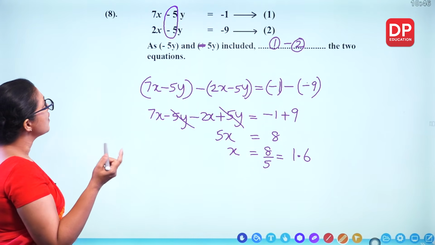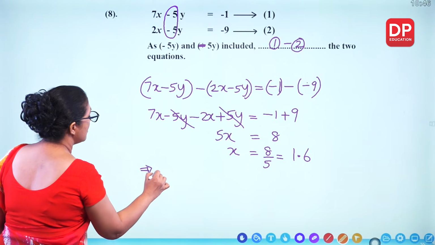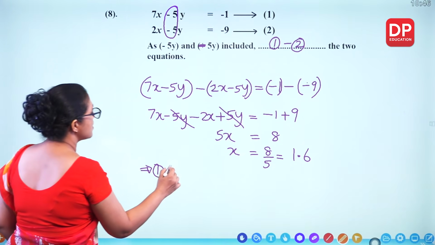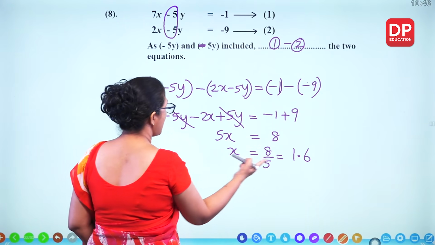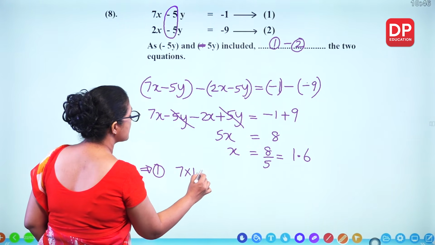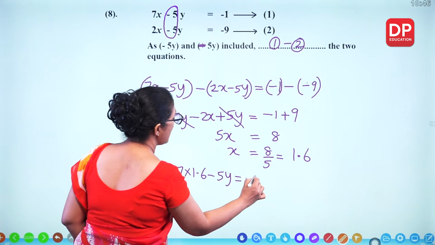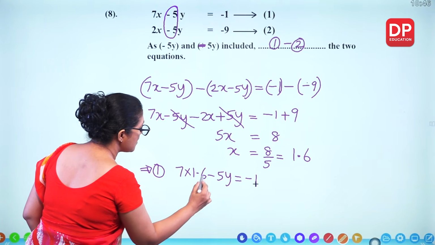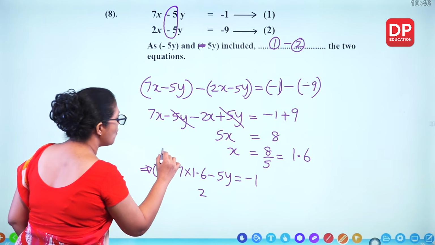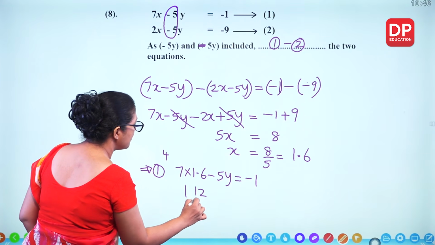Now you can take one of the equations and substitute. 7x, x I can write 1.6, minus 5y equals minus 1. Here multiply by 7. 7 times 6, 42. 4 remaining. 7 times 1, 7 plus 4, 11.